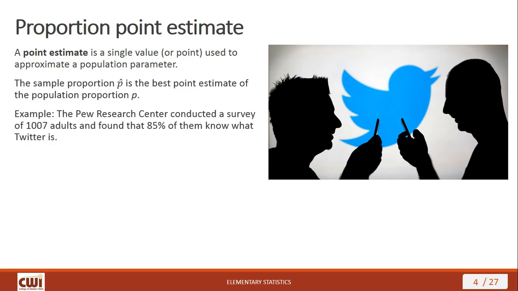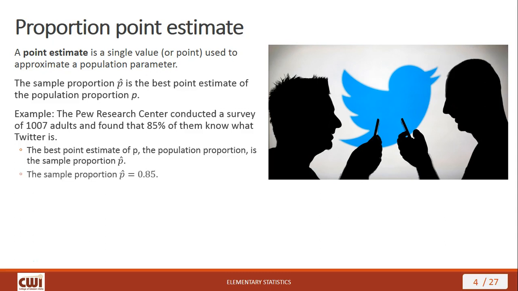For example, the Pew Research Center once conducted a survey of 1,007 adults, in which they found that 85% of them know what Twitter is. In this case, the best point estimate of P, the population proportion, is the sample proportion P hat.